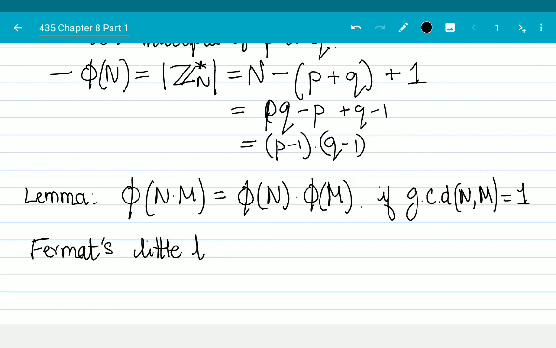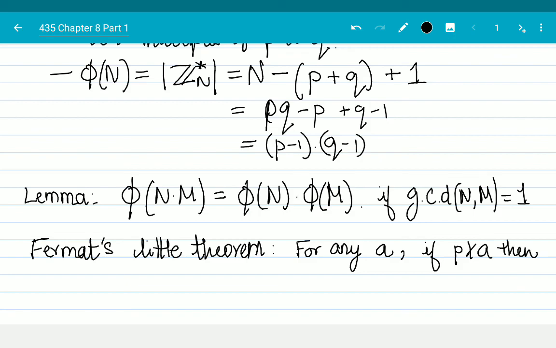Fermat has a lot of theorems, and this was his little theorem, which says for any a, if p does not divide a, then a to the p minus 1 is congruent to 1 mod p.